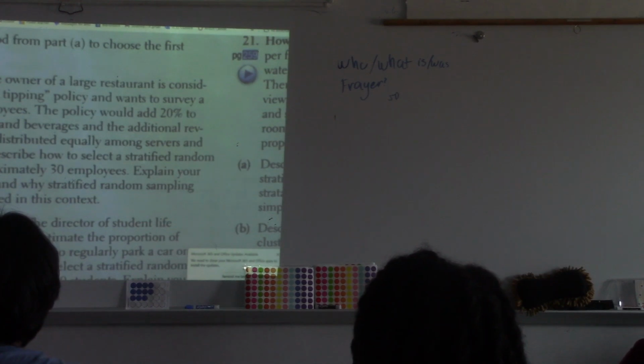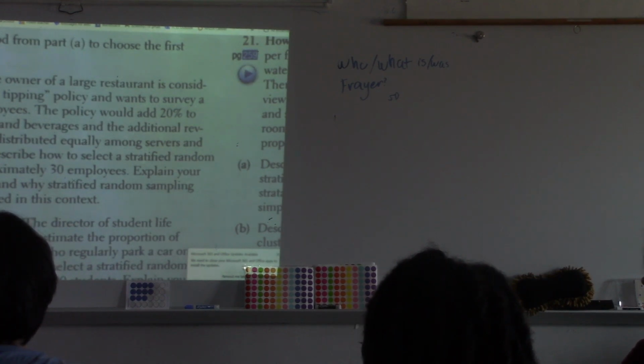Would I want to go 15 and 15? No. What would I want? Like 10 and 20. Yeah. I need a total of 30, right? So how many of the servers? 20. And how many of the kitchen staff? 10. One third each. Yeah. So I would do it proportional to how many people there are in each group.